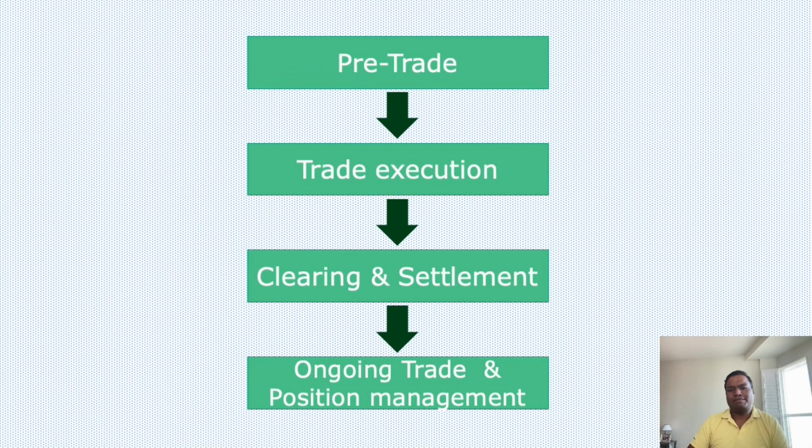Clearing consists of three major steps: capture, enrich, and validate. First, the trade capture team gets all the necessary trade details. This would include trade date, the notional, the position quantity, and other trade details.